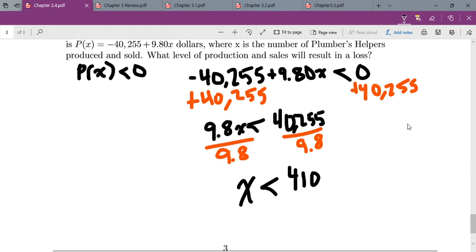X is the number of plumber's helpers produced and sold, so I'm going to go ahead and round it up to 4,108 because, like I said, they're not going to produce a piece of a unit, they're going to produce a whole number or whole unit.